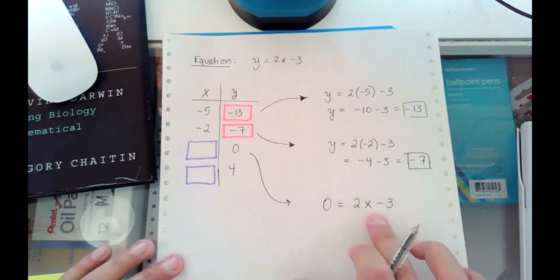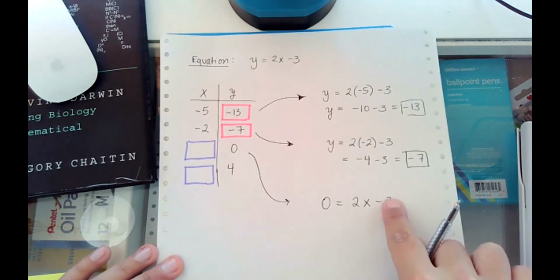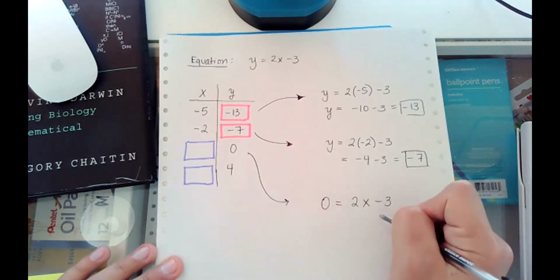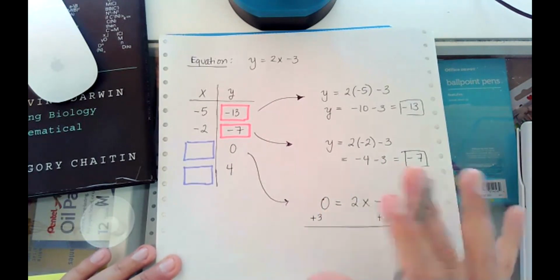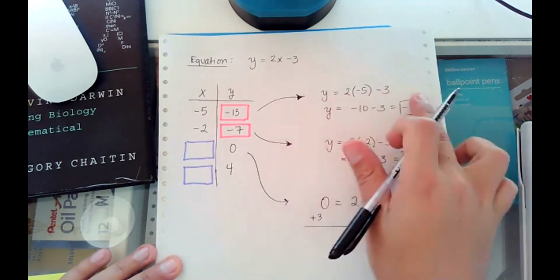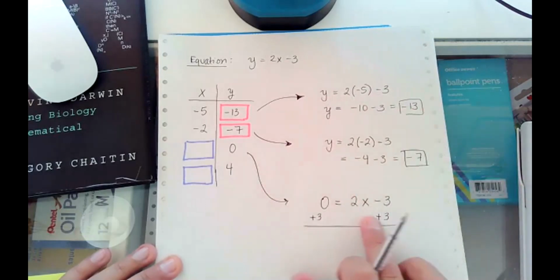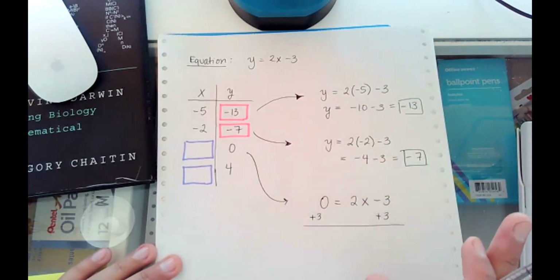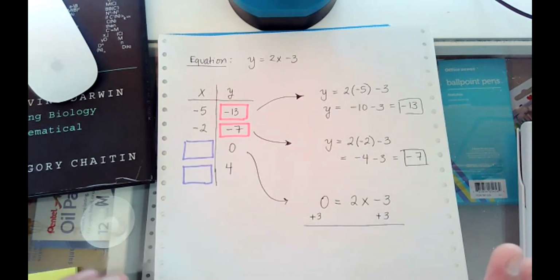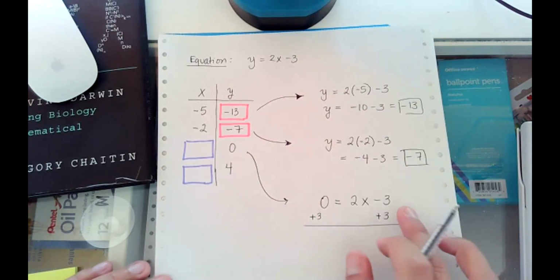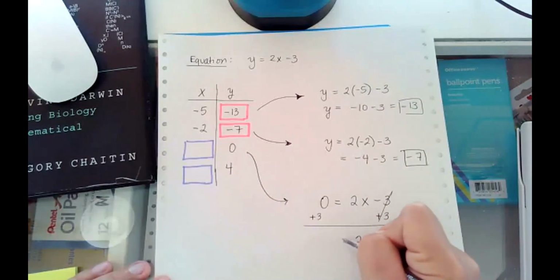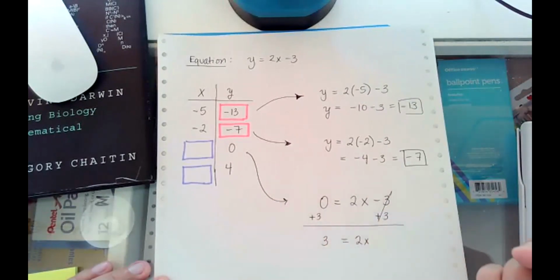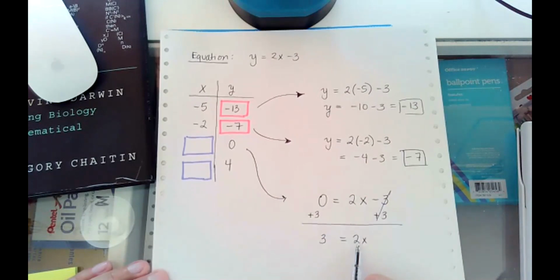So to isolate the variable, I want to move this numeric term over to the other side by adding 3 to both sides. Right? Slightly different strategy. Over here, we're just plugging and chugging. Over here, we actually have to move some stuff around using our rules for algebra, the principle of addition and the principle of multiplication. These guys cancel out. I get 2x is equal to 3, because 0 plus 3 is 3. And then I can isolate the x by dividing by 2.